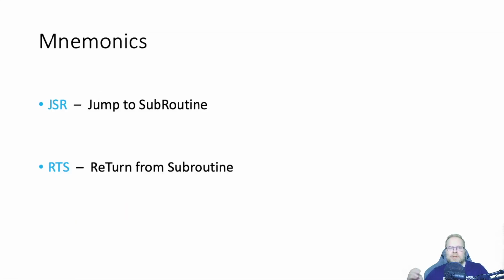So we have these two new mnemonics: JSR, jump to subroutine, and RTS, return from subroutine. We're jumping somewhere, performing the code that was in there, and when it hits the RTS, we just come back to where we were. That's how subroutines work.